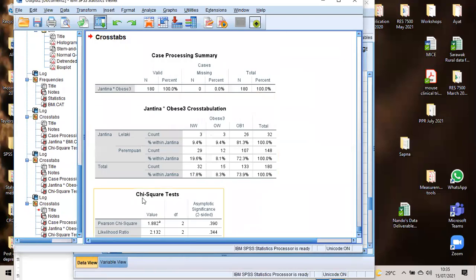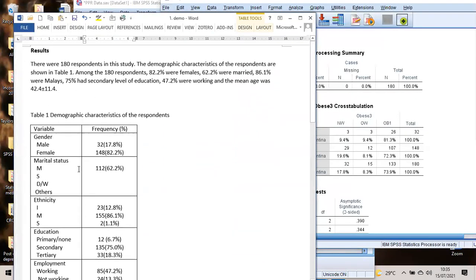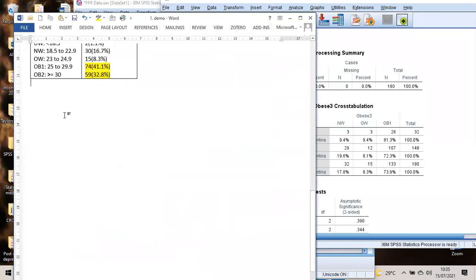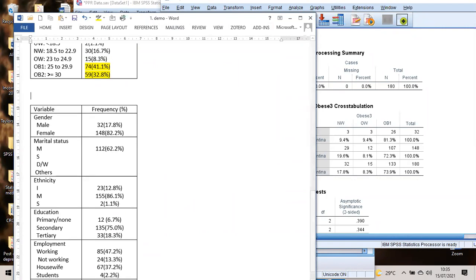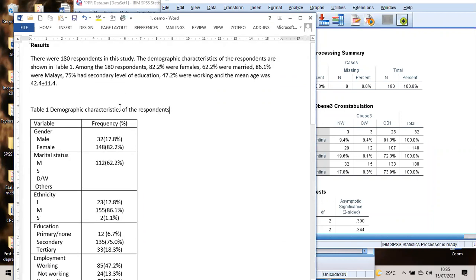So how to present this? Go back to the Word file again. So that's your demographic table. So this title is, let's say, table 3. Table 3, association between demographic characteristics and obesity. Earlier it was demographic characteristics.